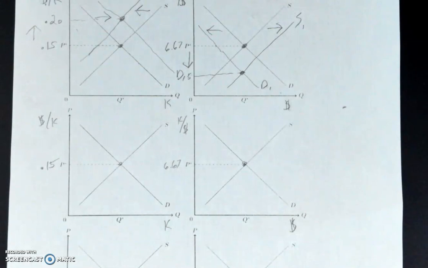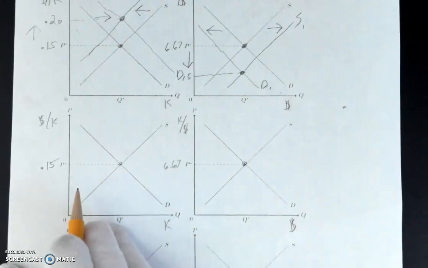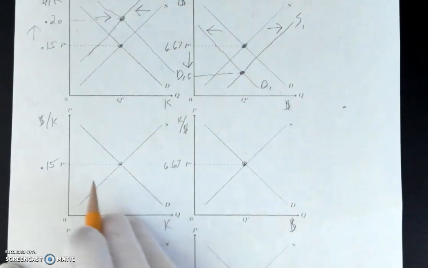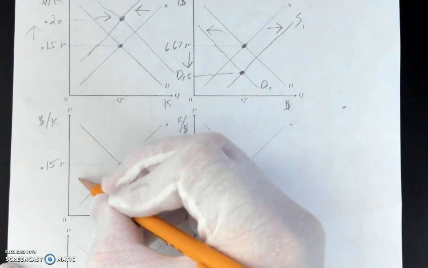If speculators believe that the value of the dollar is going to drop in the future, how are they going to respond? Well, again, let's start with the Danes. Are the Danes going to want to supply more or less? Well, if they think the dollar is going to drop in the future, they don't want to buy dollars, so they're going to supply less krones.